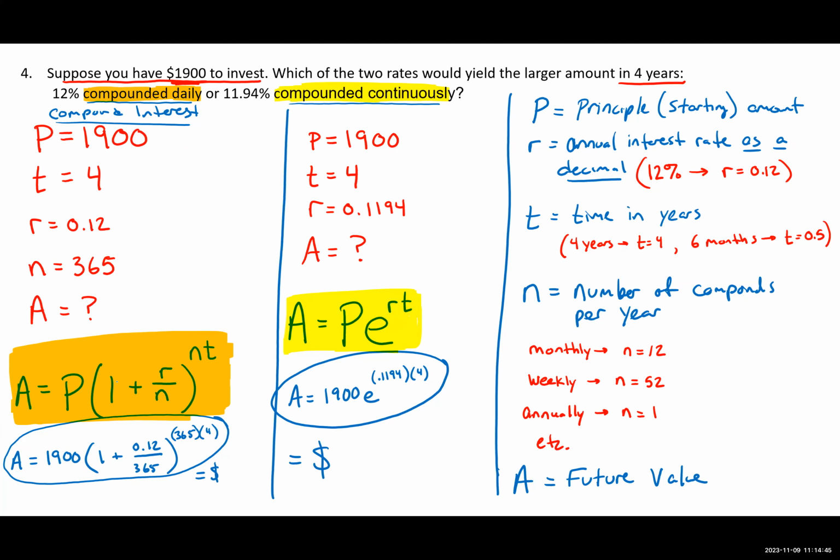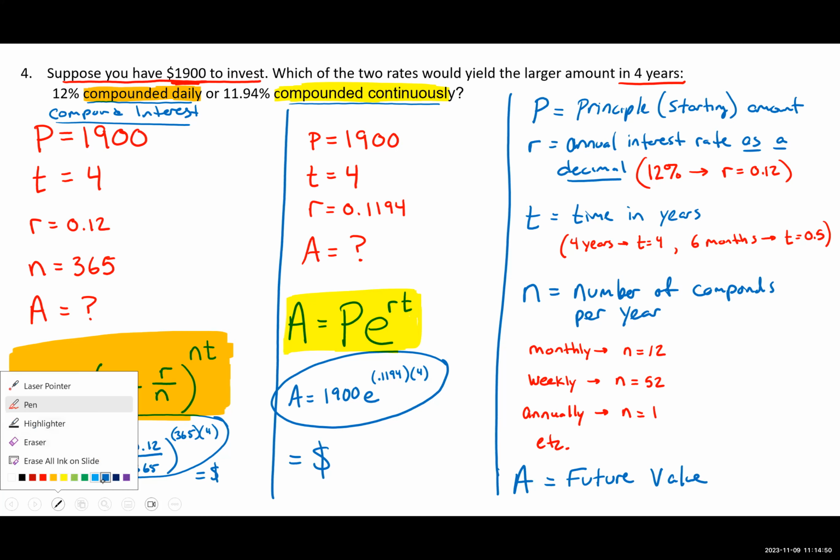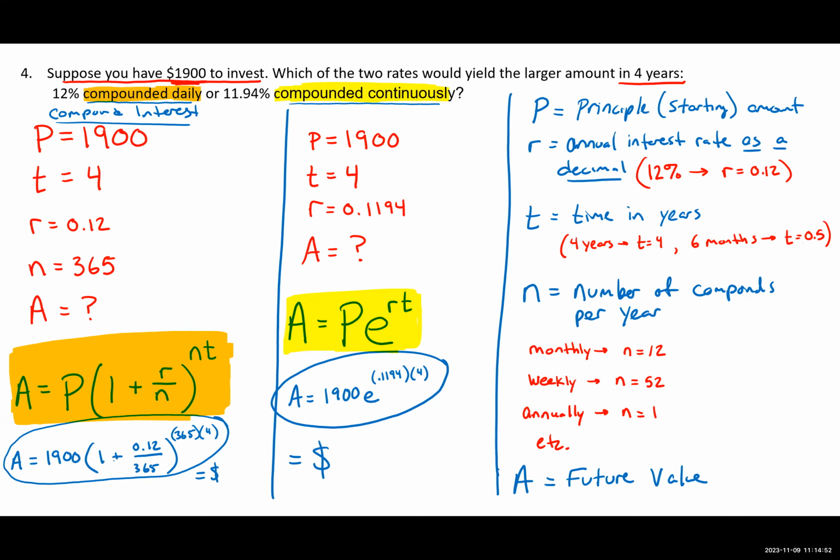Sometimes you're going to use two different formulas, sometimes you're going to use one formula in one problem. Either way, it's a good approach to take the numbers from the problem and generate this list of numbers that correspond to each variable, and then plug those into the formula, write it out, and then type that into a calculator, and you'll get your answer. In this case, it was $3,070.30. The other one gave us $3,063.18.